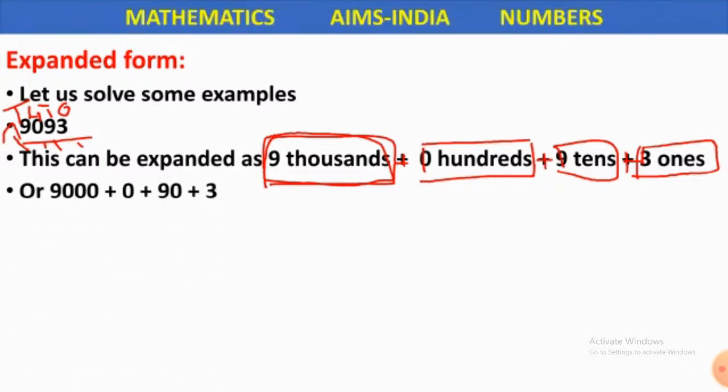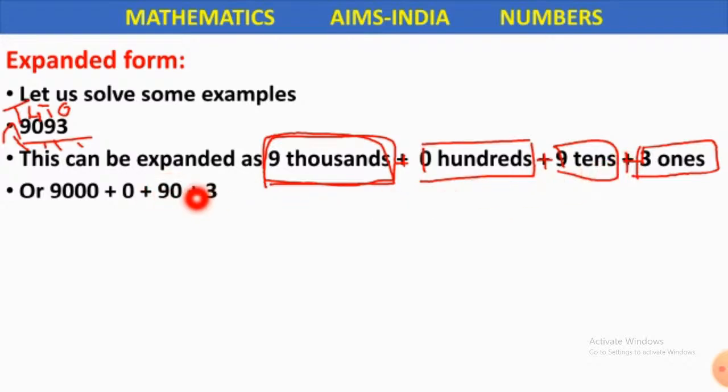Another way of writing this place value is like 9 thousands can be written as 9000. Yes or no, children? 9 thousands is written in words here, and we are writing in numbers here. Plus 0 hundreds. What does 0 hundreds mean? 0 into 100 is equal to 0. 0 plus 9 tens. 9 tens is nothing but 90.